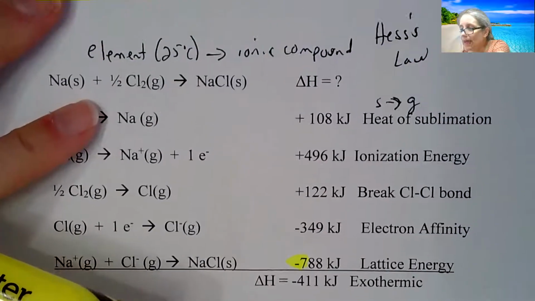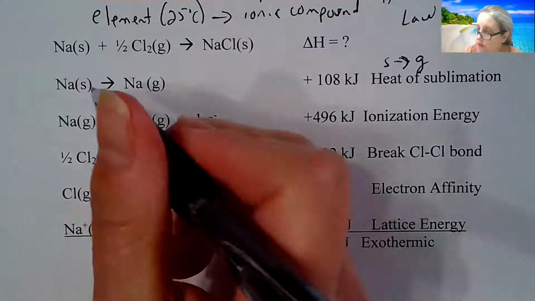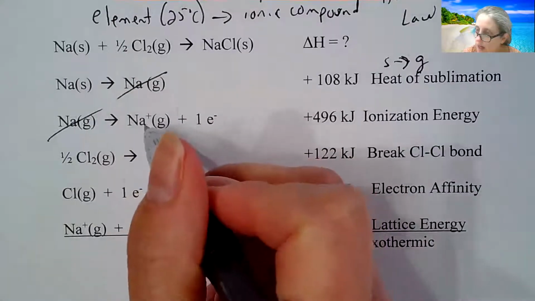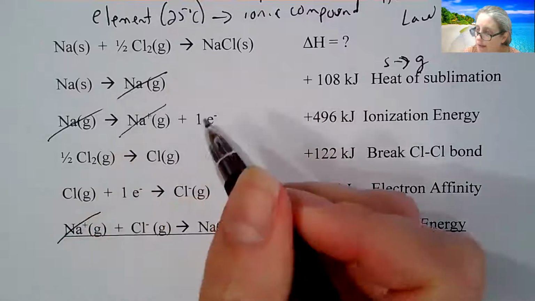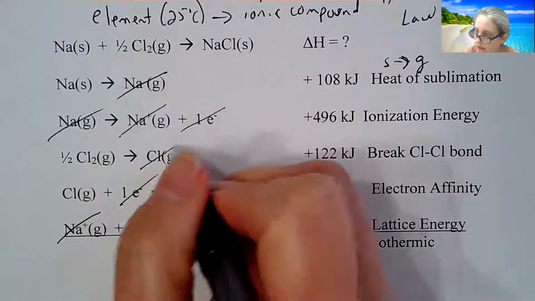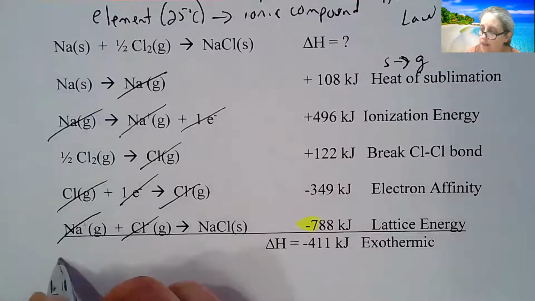So if I were to add these all up, certain things would cancel. Sodium ion would cancel sodium ion. 1 electron cancels 1 electron. The Cl cancels Cl. Cl minus cancels Cl minus.